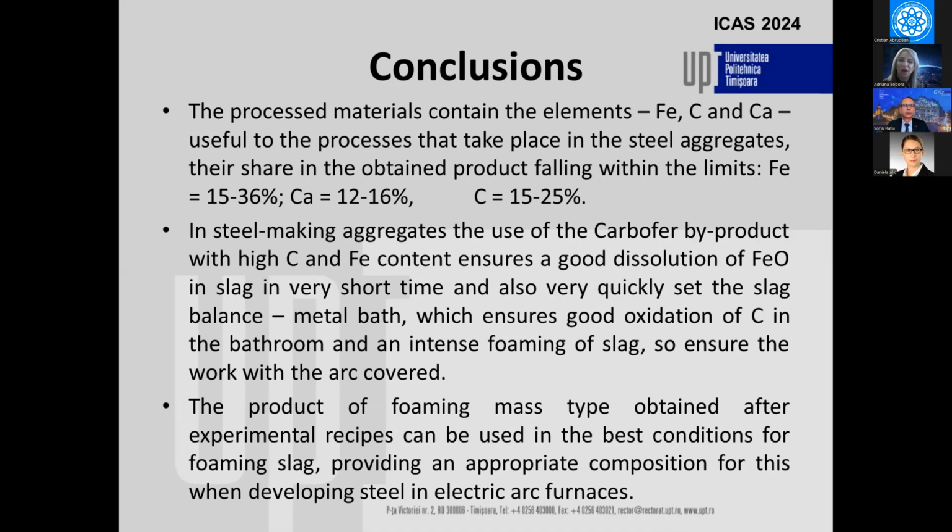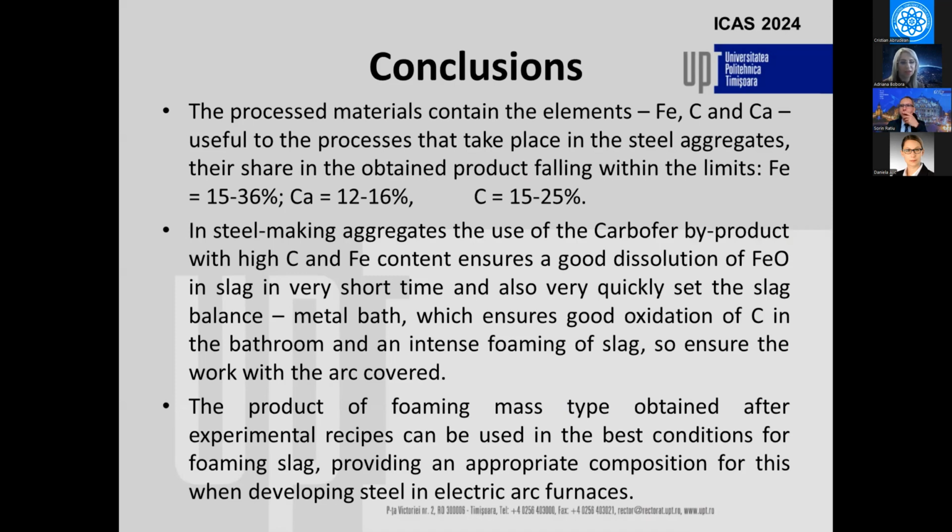In steelmaking aggregates, using the carbon byproduct with high carbon and iron content ensures a good dissolution of iron oxide in slag in a very short time, and also very quickly sets the slag balanced with the metal bath, which ensures good oxidation of carbon in the furnace and an intense foaming of slag. So it ensures work with the arc covered.